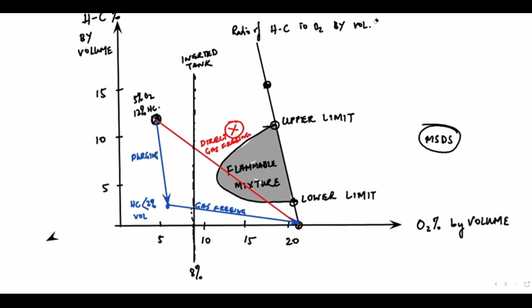Sir, I am asking, along with these limits, how will we know whether it is 12% or 10%, whatever the minimum oxygen is, and then make a flammable triangle with it? Once more, sorry. After the upper limit and lower limit, how much oxygen percentage is needed for this flammable mixture triangle? Yeah, if you're in doubt, bring it to 8. What difference does it make? Let us say I've got some doubt, so I find the upper limit and lower limit from the MSDS. Now you are not very sure whether it is at 12% or 8%.